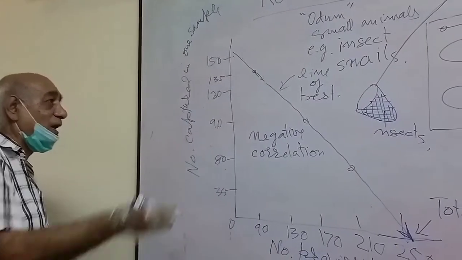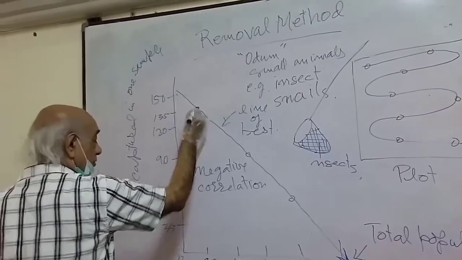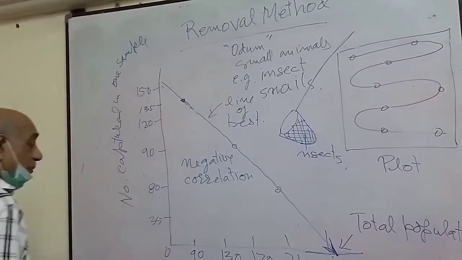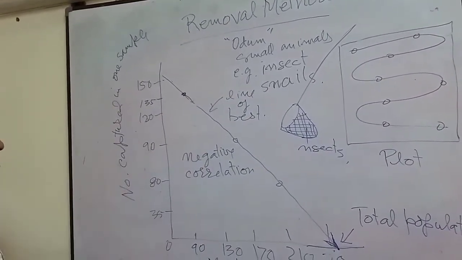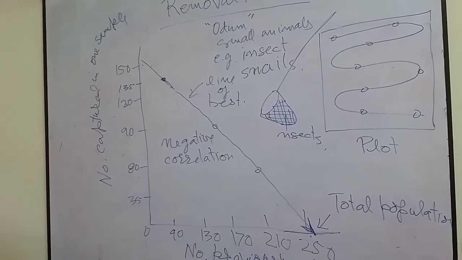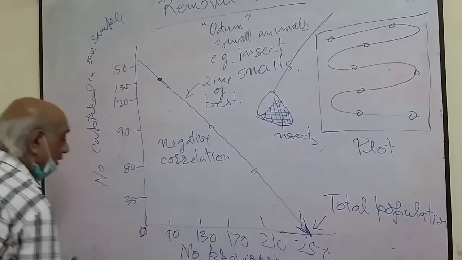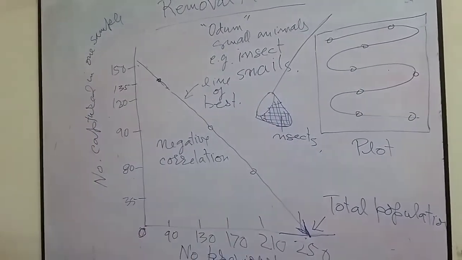So you actually sample a number of times, and each time you get one point which is the number previously removed against the number captured. In the beginning there is no previously captured, which is 0 on the x-axis, and then the values start.